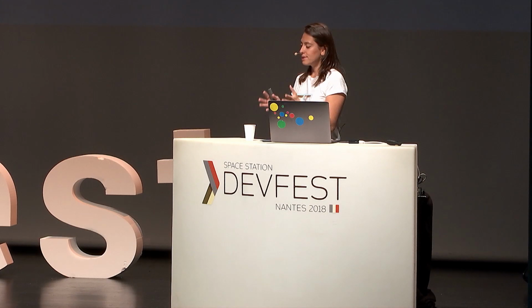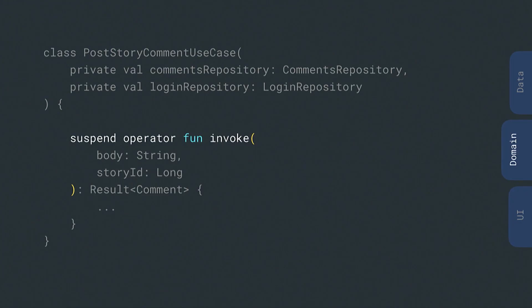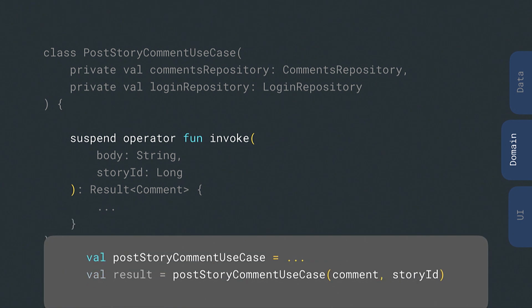Because our post-story comment use case should only do one thing, to post a story comment, we decided to use the invoke operator. More precisely, objects with the invoke method can be invoked as a function. So when we are using our class, we can just call post-story comment use case of the comment and the story ID.